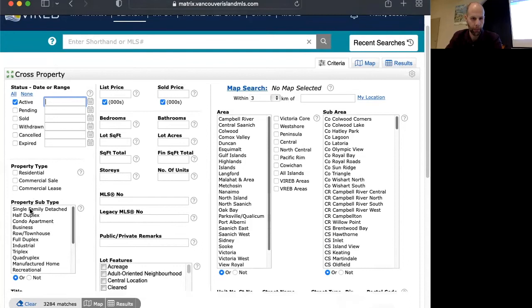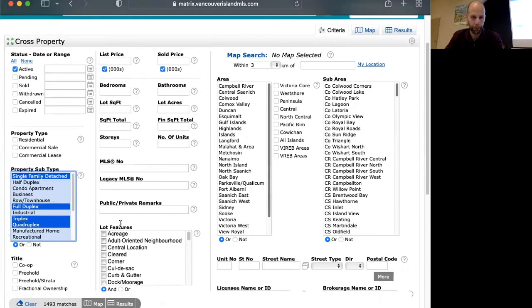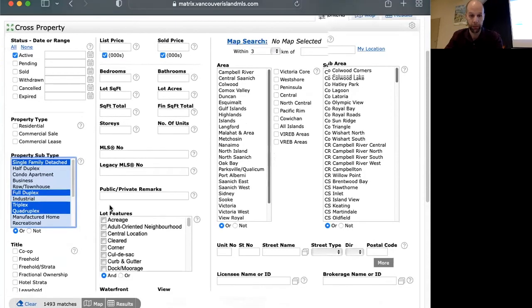So you can see right now on Vancouver Island, there's 3,200 listings. That's too many. So let's say we just want single family detached, full duplexes, triplexes, and fourplexes. So that narrows the number of properties down to about 1,500.